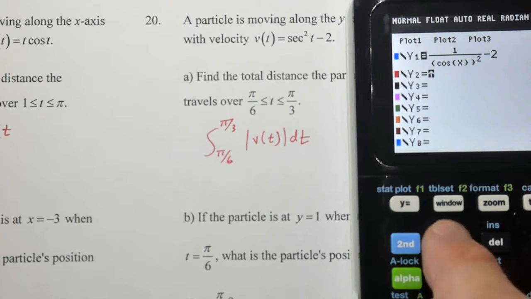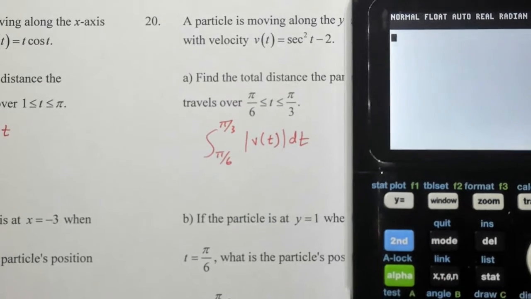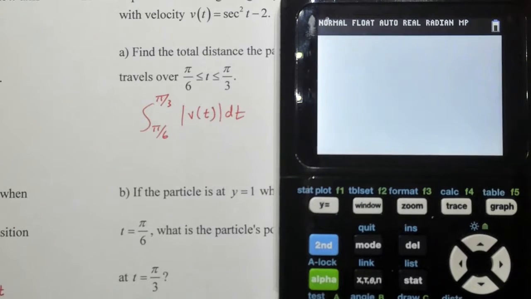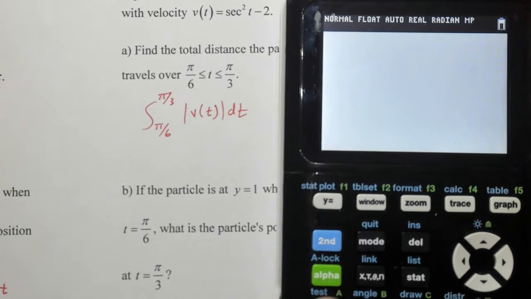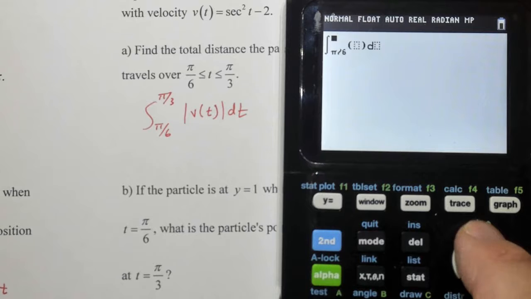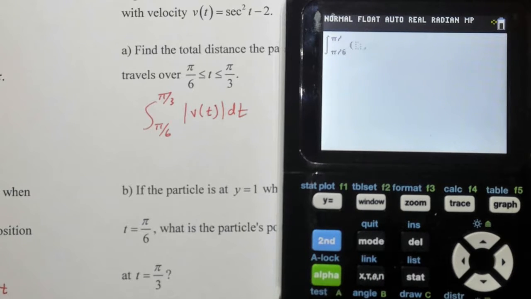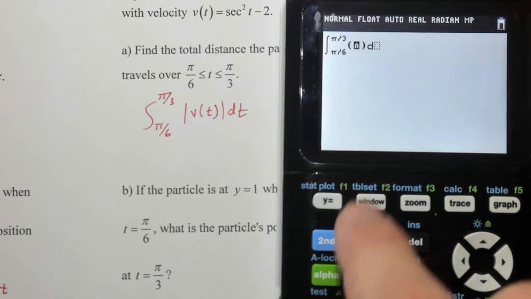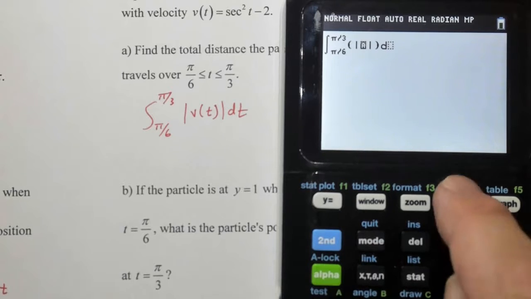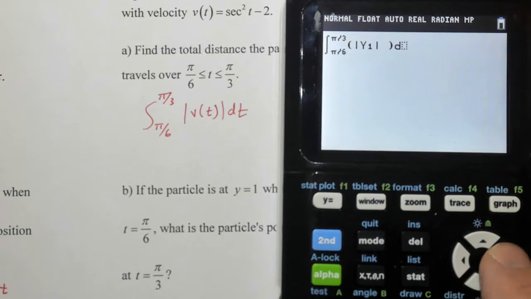And now we're going to go back to the main screen, clear those out, and we are going to do our Math 9 a couple more times here. So Math 9, and again, pi is located, it's the second, and then the caret button, so pi divided by 6, and then up here we have pi divided by 3, and we want the absolute value of our function dx.